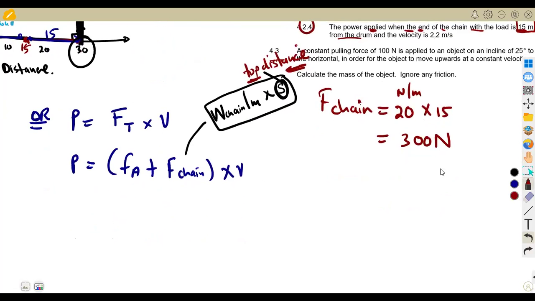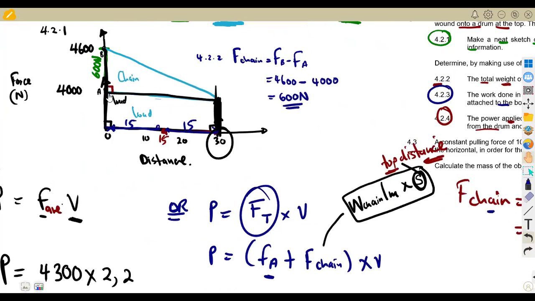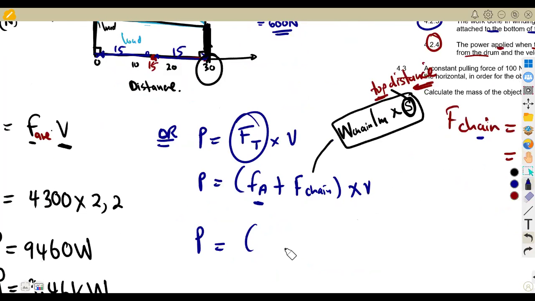You take that force of the chain and come with it here because we need the total force. And this total force is supposed to carry two things: the force of the load, which is the force at A. This is our load, which is 4,000. That one is fixed, it does not change.